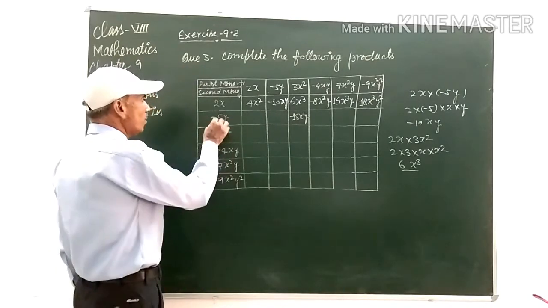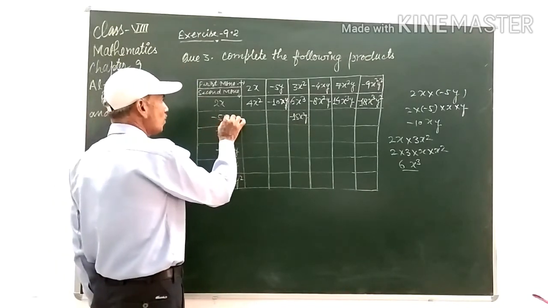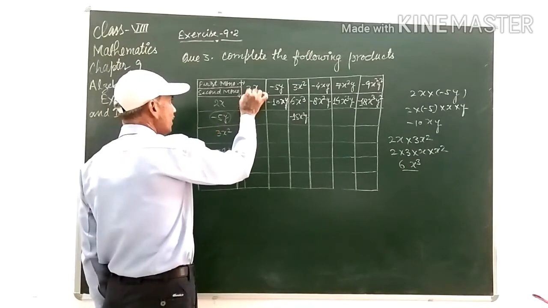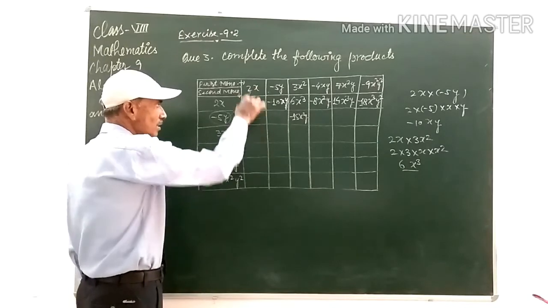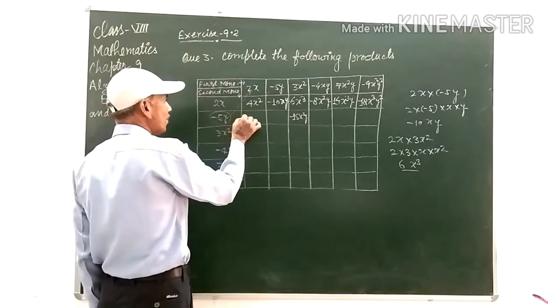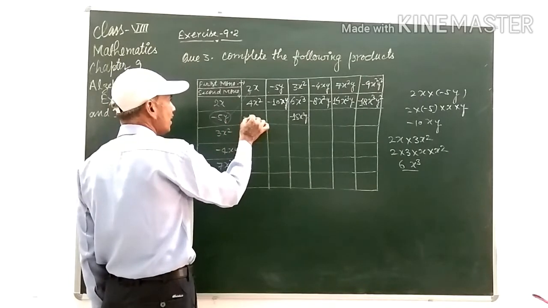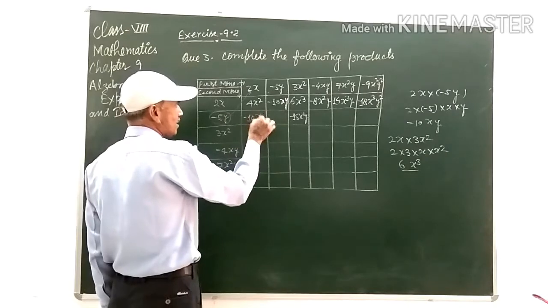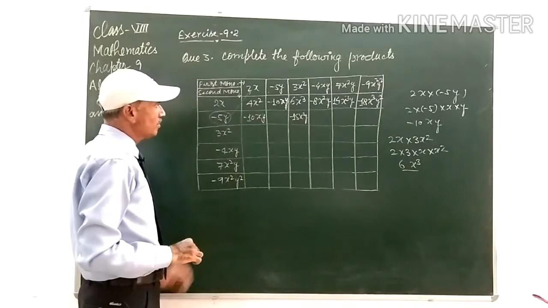Now in this you have to multiply minus 5y with 2x first in this column. Okay? So 2 5s are 10, minus 10xy. Clear, students?